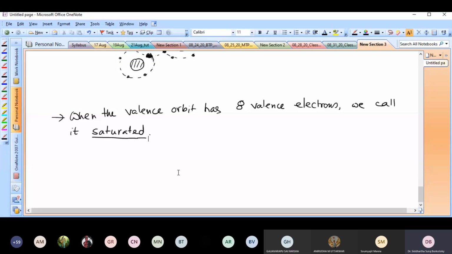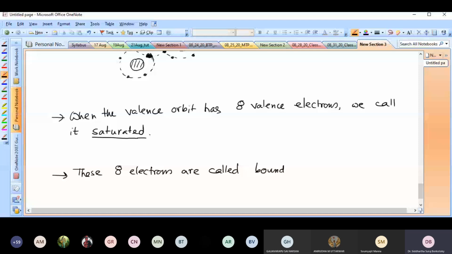So it's already saturated. It has all 8 electrons, and these 8 electrons are called bound electrons. Why are they called bound electrons?